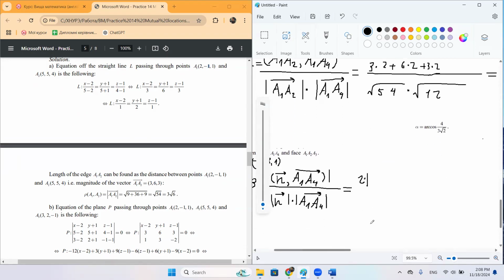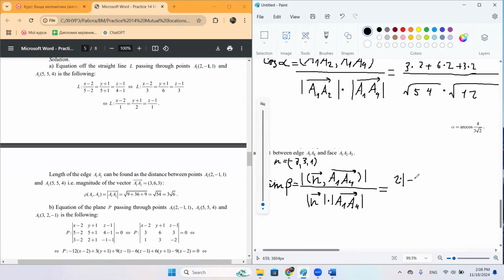So minus 7 plus 3 plus 1, over the square root of 49 plus 9 plus 1, and by the square root of 12.